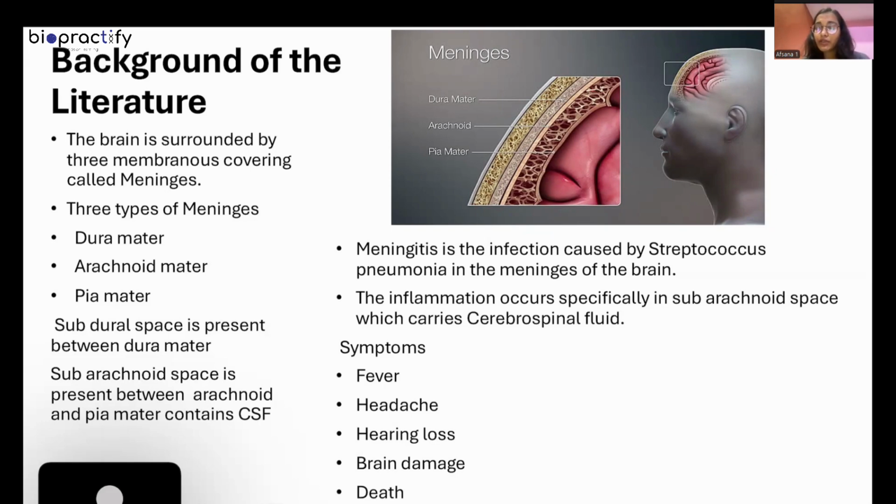Since meningitis could be caused by different bacteria or viruses, different symptoms could be caused. But in this study, the main focus will be Streptococcus pneumoniae. In meningitis, different symptoms could be seen like fever, headache, hearing loss, brain damage, or even death in extreme cases.